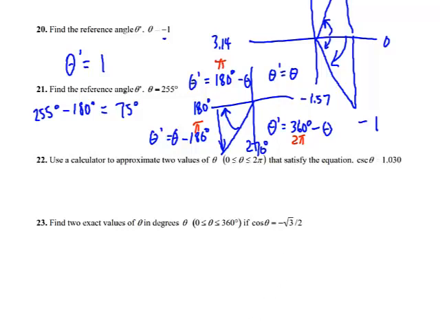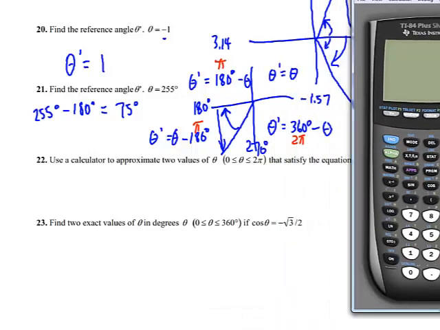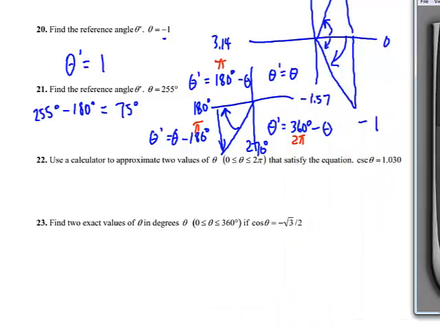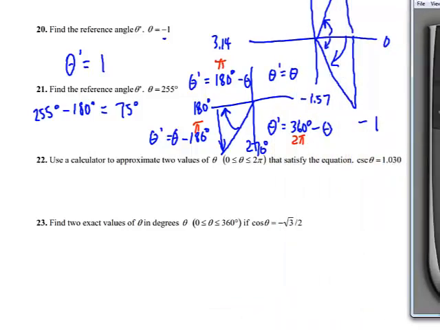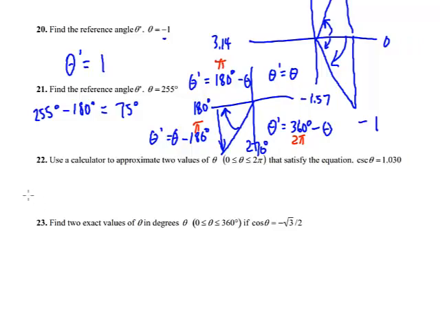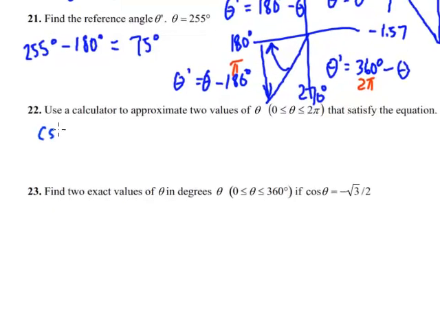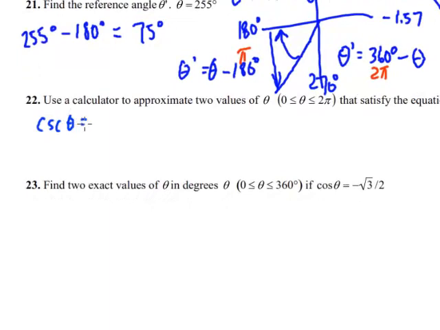Okay, this one's kind of tricky. So I'm going to use my calculator. Now, I know that cosecant of theta is equal to 1.030, and I know that cosecant is 1 over sine of theta.